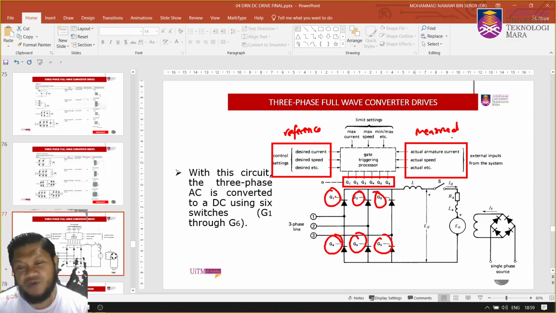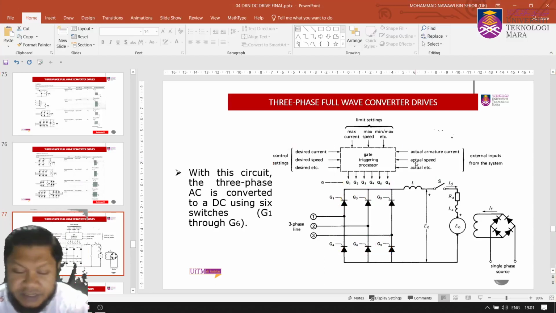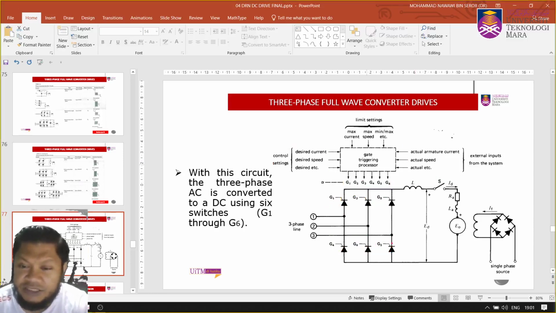You start with G1, then the next 60 degrees will be G2, the next 60 degrees will be G3, next 60 degrees G4, next 60 degrees G5, and finally G6 will operate in one cycle. That's why it is always arranged so. If you open the book or any power electronics books or drive books, it's always addressed or labeled as G1, G2, G3, G4, G5, G6.